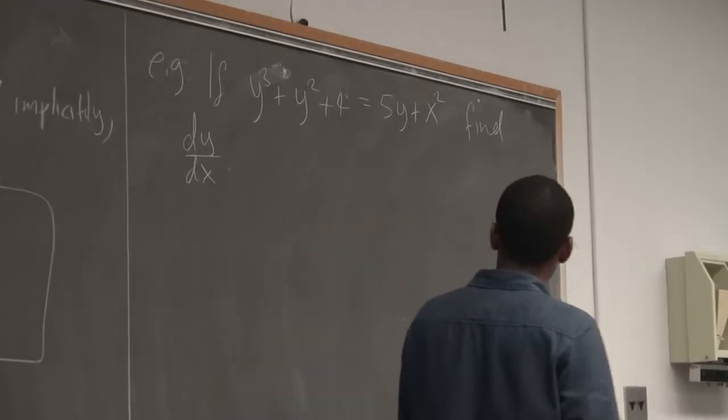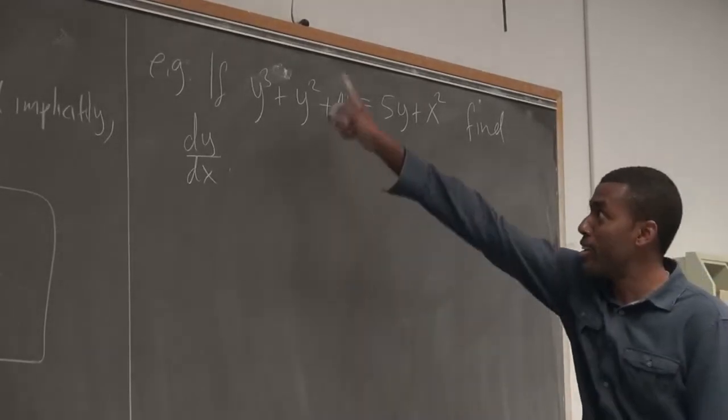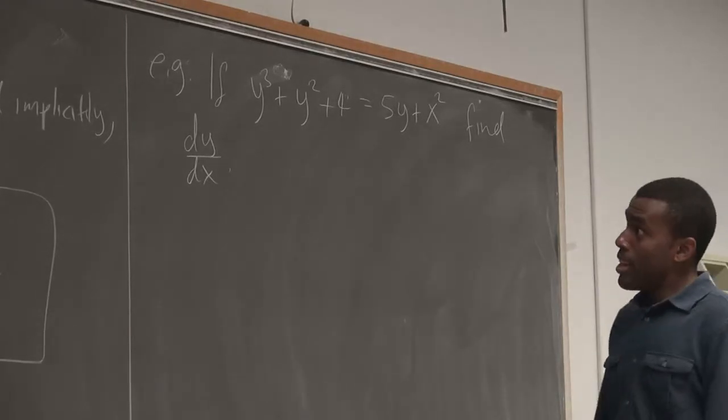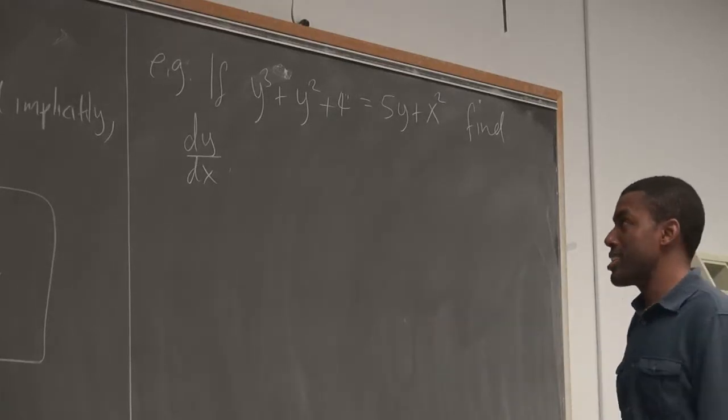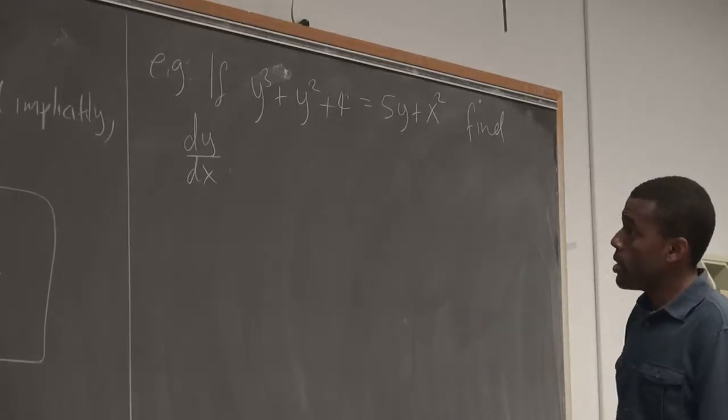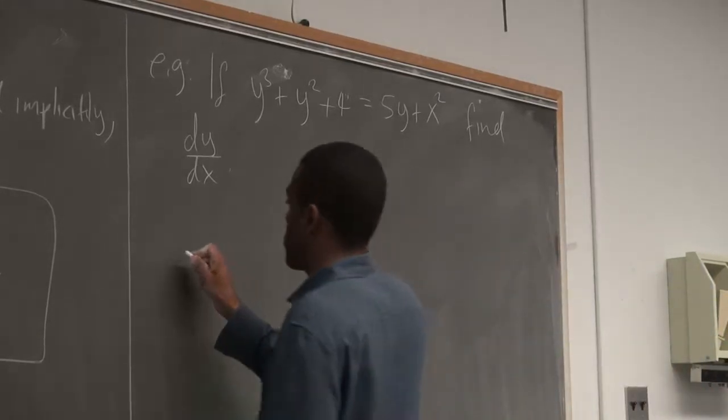That one wasn't so bad. I could probably throw in some more x's in here or something. But even if you do this with implicit differentiation, you're going to see it's going to be sort of annoying.